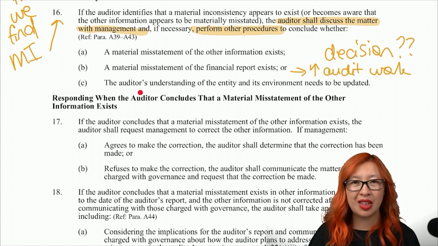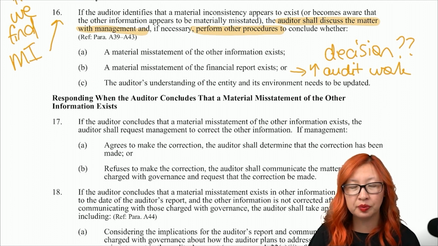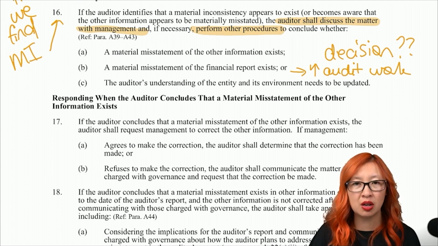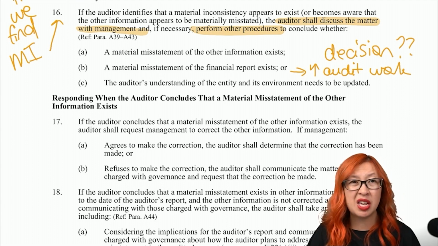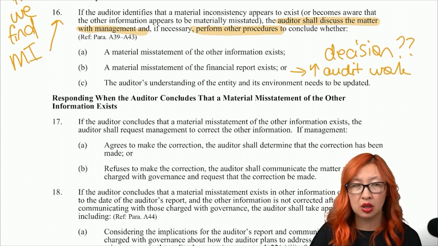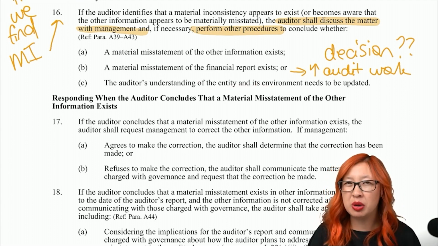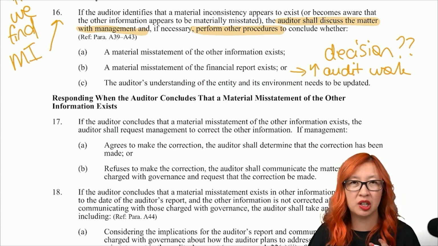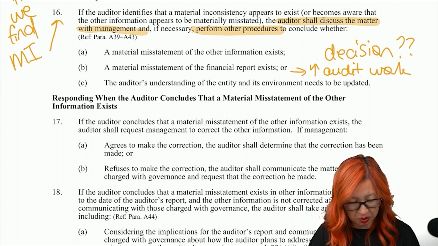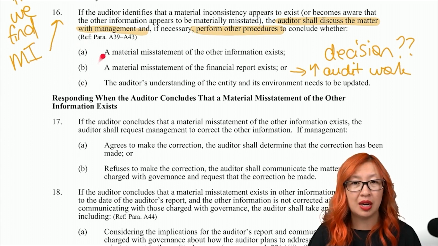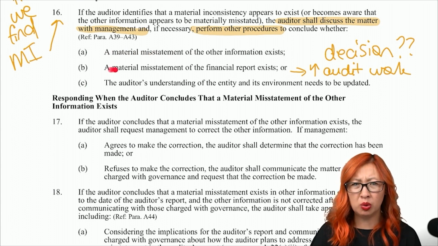So it might be that I don't know enough about the client. Something might have changed in the environment, which means that the other information might be correct. And remember, this one is not necessarily related to what's in the financial information, but to other information that might conflict with our understanding. So I have to make a decision, and it has to be one of these three. I say, yep, there's a misstatement in the other information, or, no, the other information is correct, but we might be wrong in checking the audit.